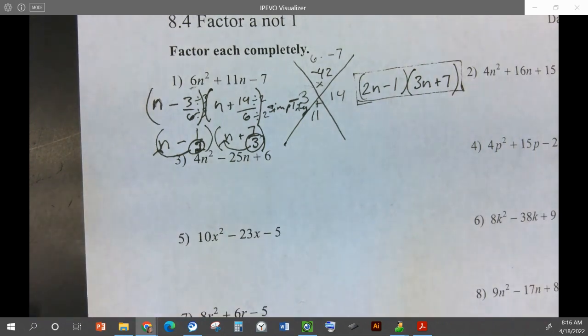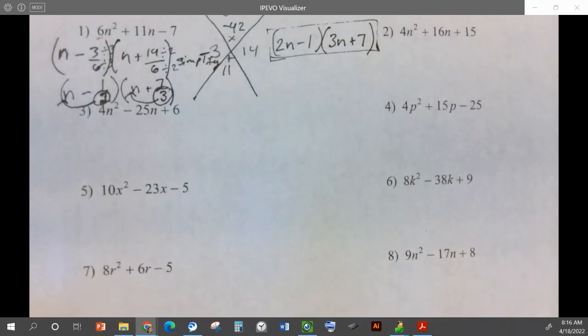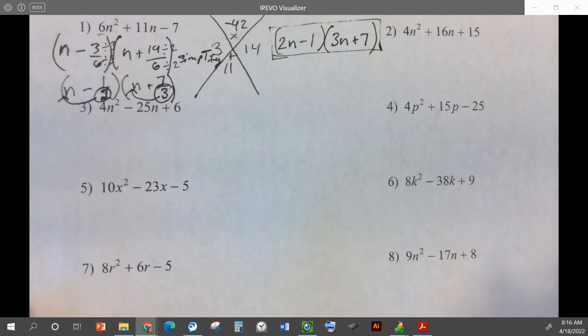Okay, let's do a few more together just to make sure we remember how to do this. Is there any on there that you see you want to do? 6? Okay, let's jump to 6. Okay, so we're going to set this one up the same way.